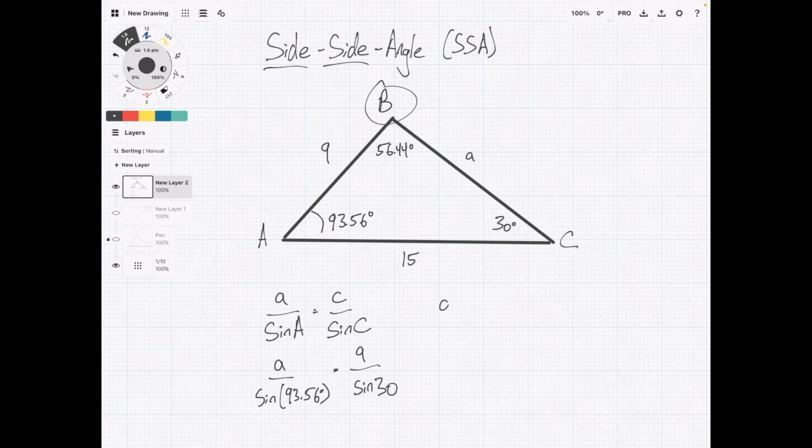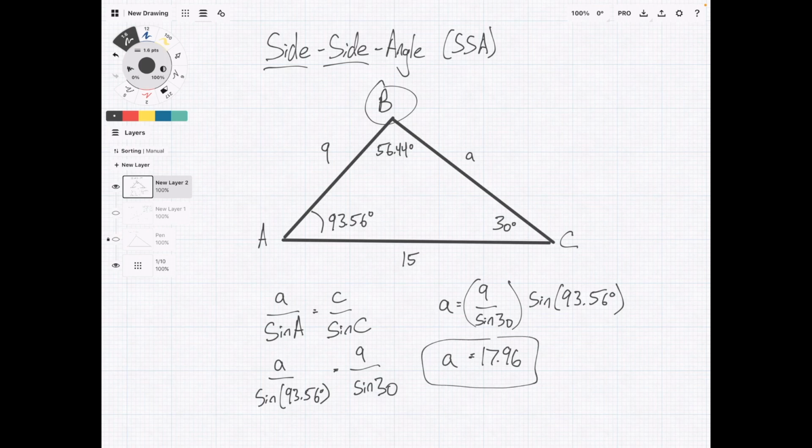Then if we do this math, 9 over sine of 30 times the sine of 93.56 degrees, plug that into your calculator, and you should get that side a is 17.96. So that is the first use of the law of sines.